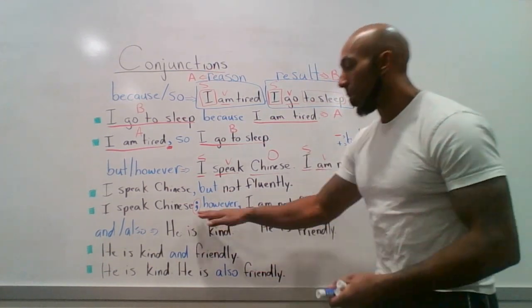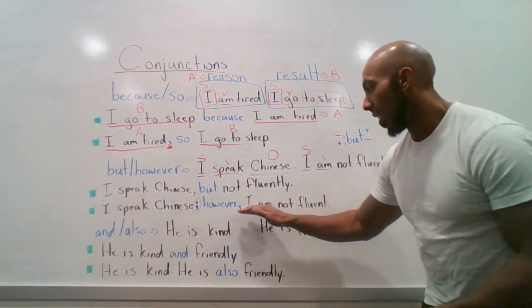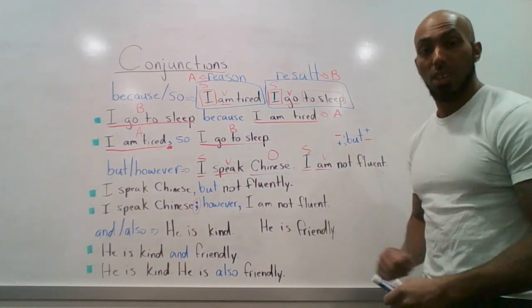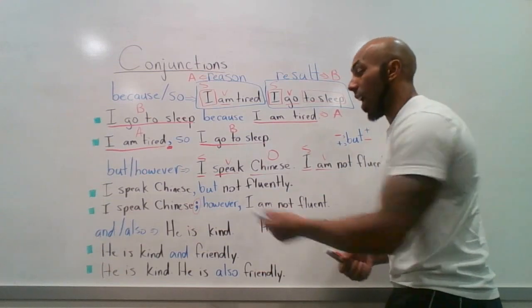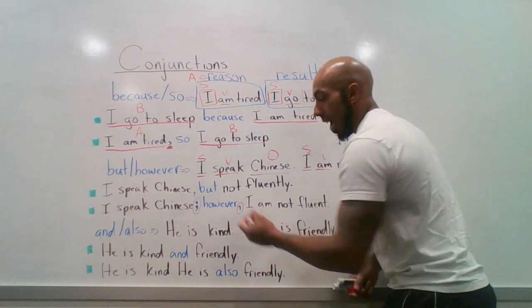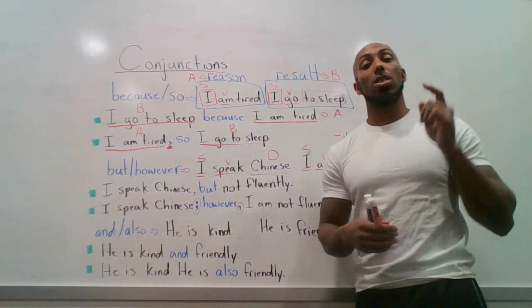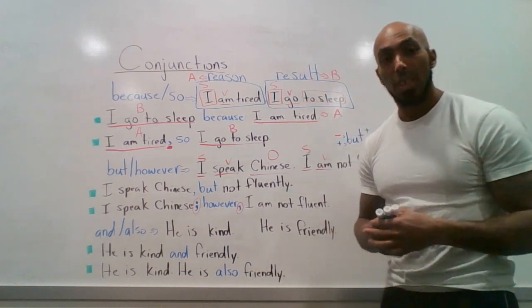But for a semicolon, I need to have a subject and verb over here and a subject and verb over here. Then I can use a semicolon. And I also need a comma after however.